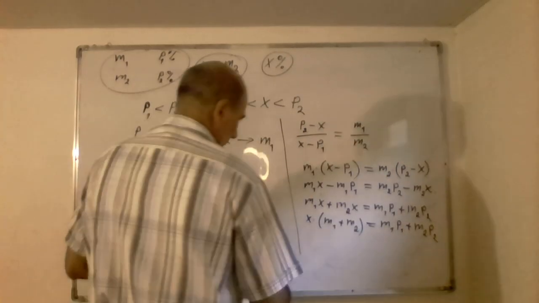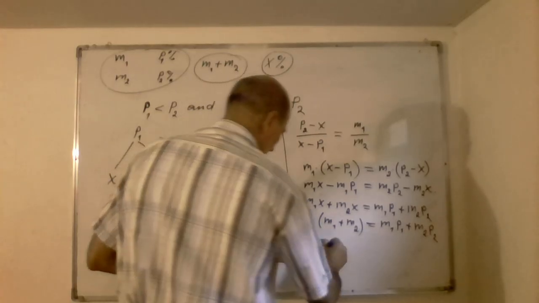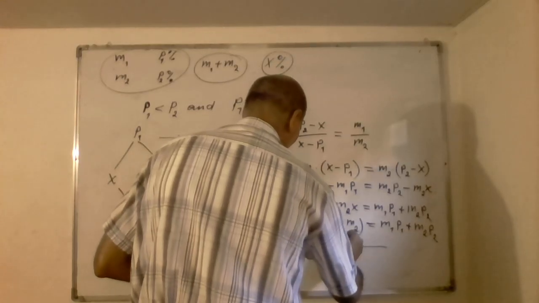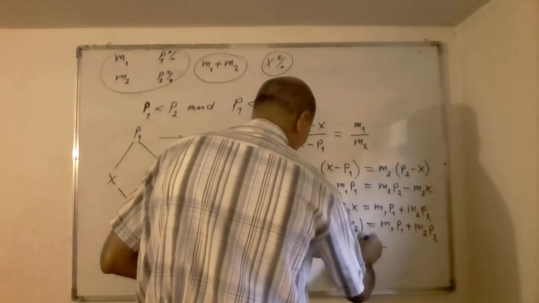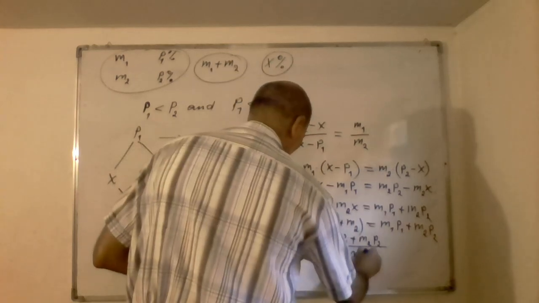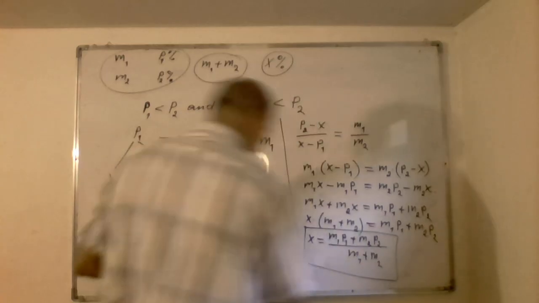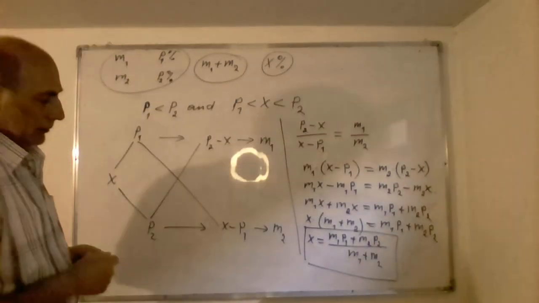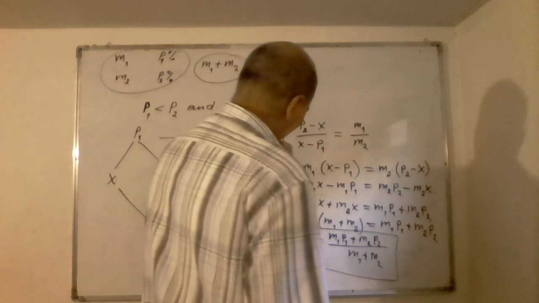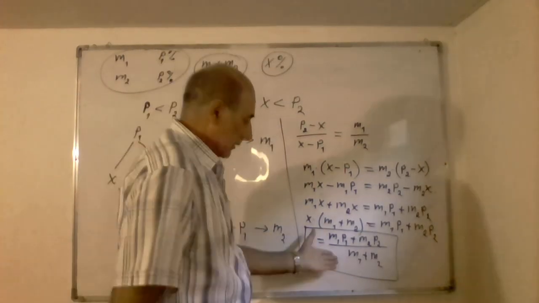And from this equation we can write X equals (M1 times P1 plus M2 times P2) divided by (M1 plus M2). And then we could solve this problem.